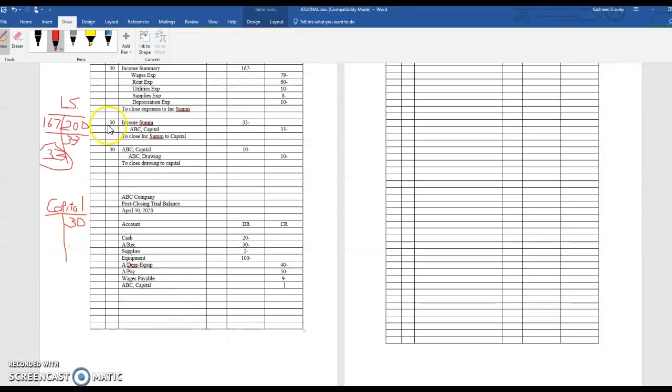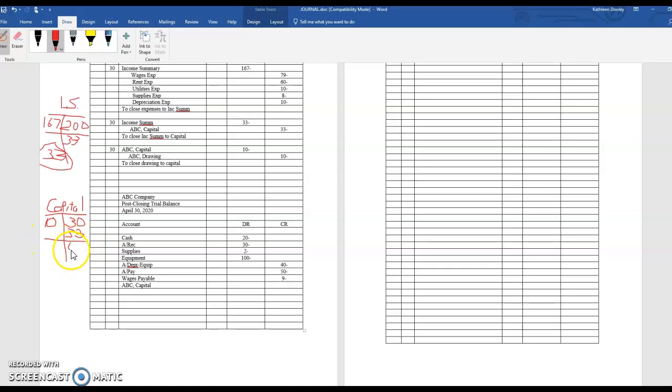Now, if I look at these closing entries, I have a credit to capital of 33. I can post that into my T account. And down here on the fourth one, I have a debit to capital of 10. Now I can foot and balance this.